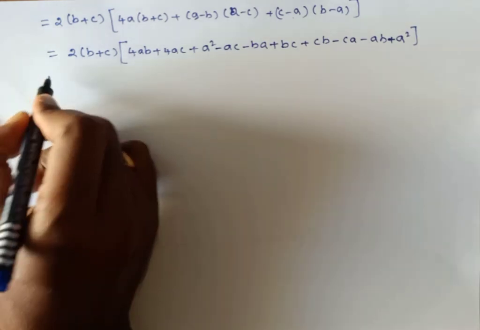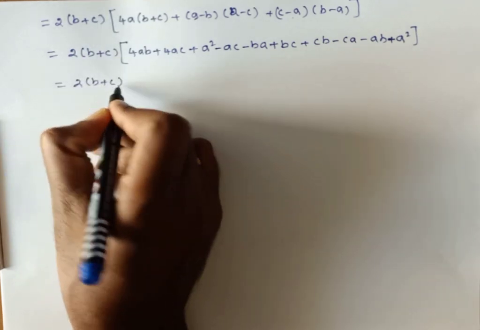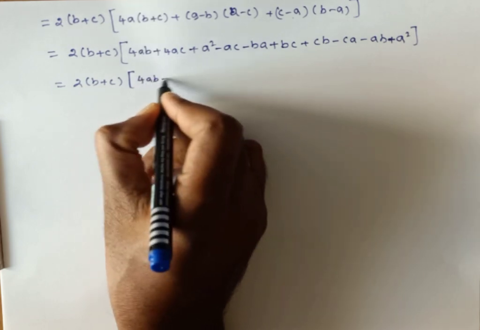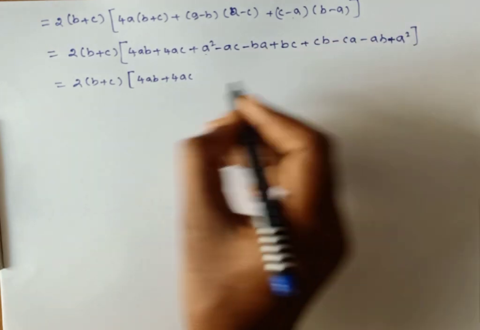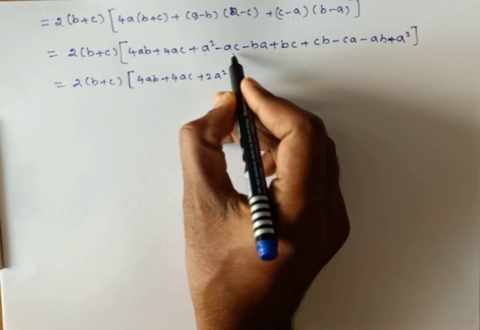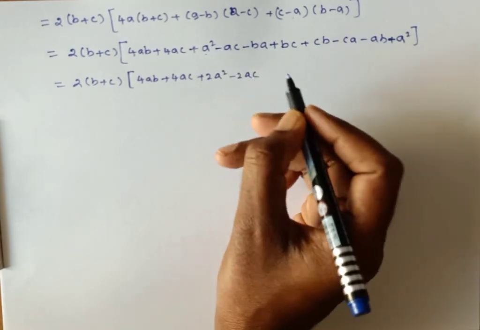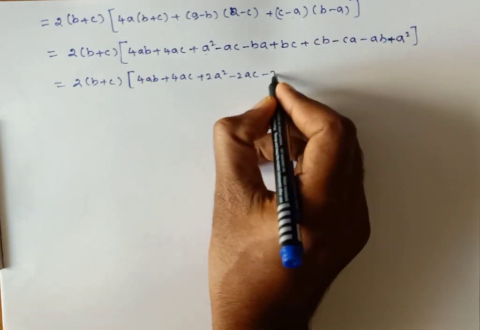So you can write this as 2 times of b plus c times of 4ab, 4ac. Here a square and a square, so it is 2a square. Minus ac and minus ca, so it is minus 2ac. Minus ba and minus ab, minus 2ab.